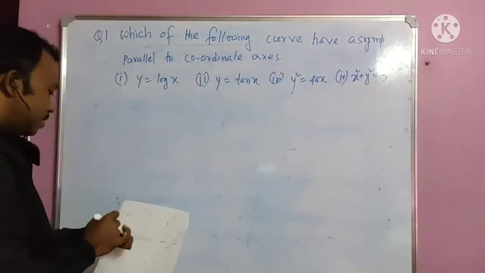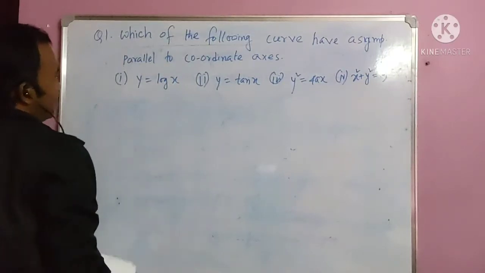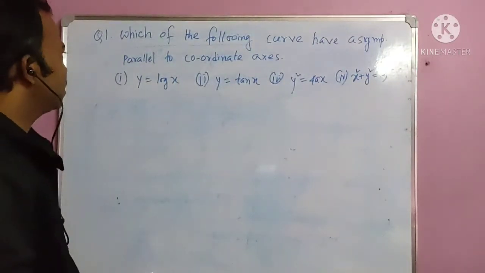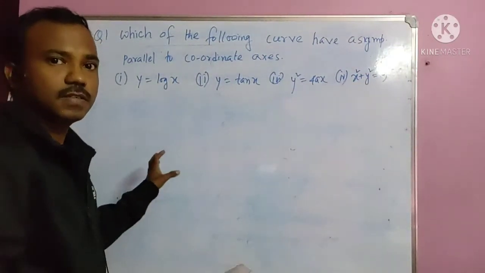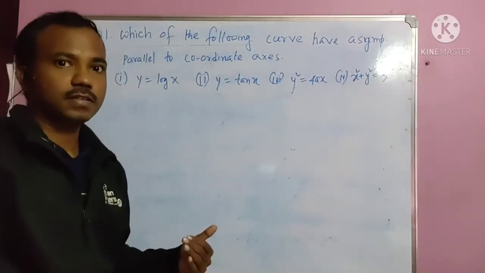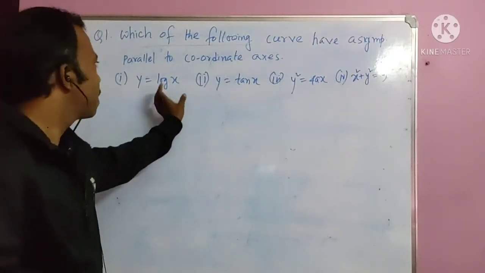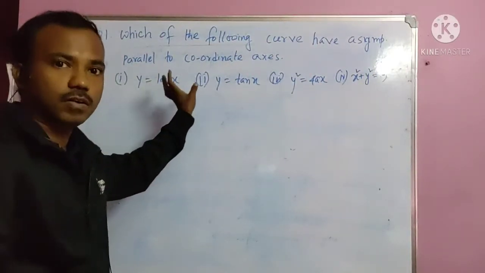Okay, so we start solving with this one. First, look at this. These equations do not have x and y separately. That means x is here with a function log.